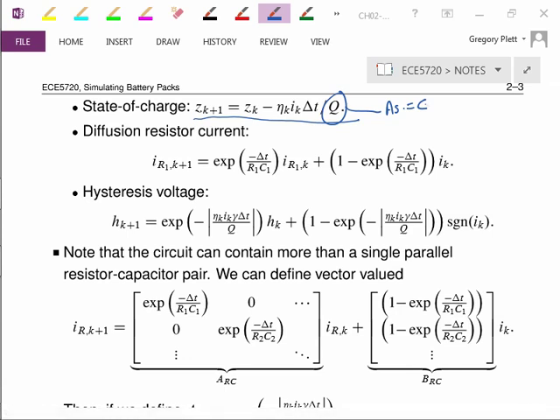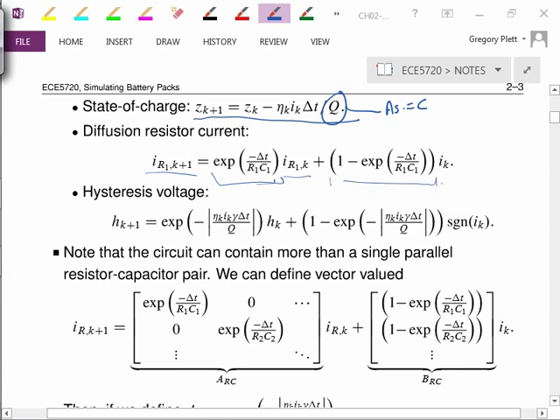The parallel resistor capacitor circuits try to model diffusion, and the current through the resistor in those circuits we said was I sub R1, and the new current is related to the old current via this exponential term, a constant, and then plus 1 minus the same exponential term times the input current, which is the forcing value of this equation.